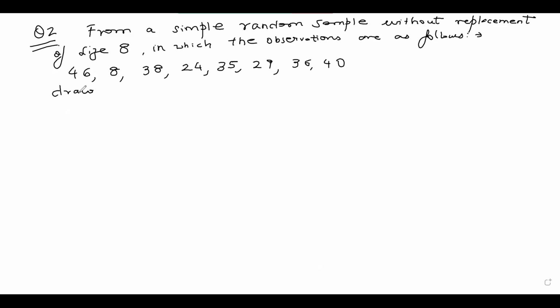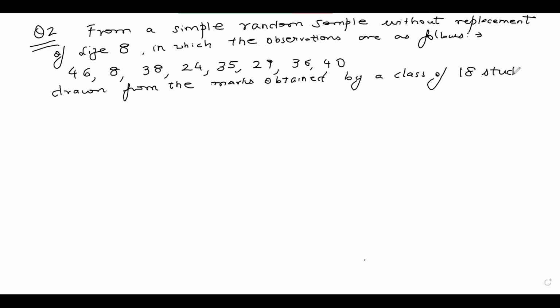Okay. These observations are drawn from the marks obtained by a class of 18 students. So the population size is 18. The sample size, small n, is 8. The marks are from the monthly test in mathematics out of 50 marks.